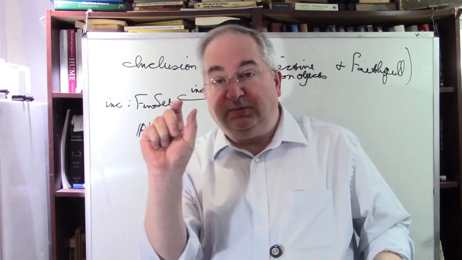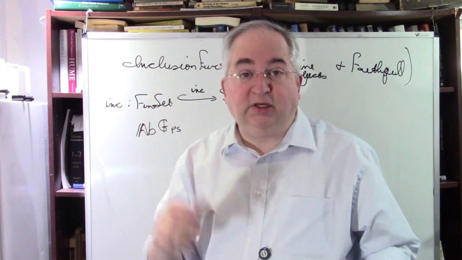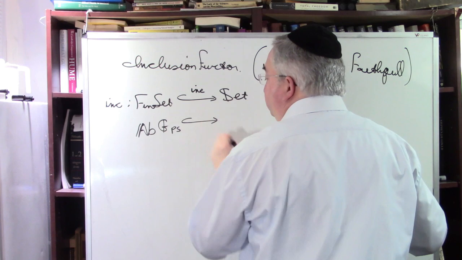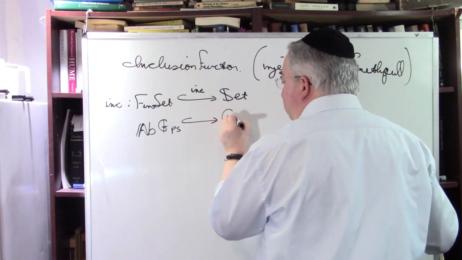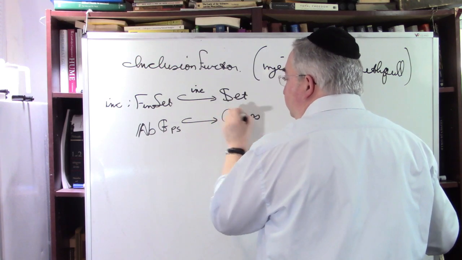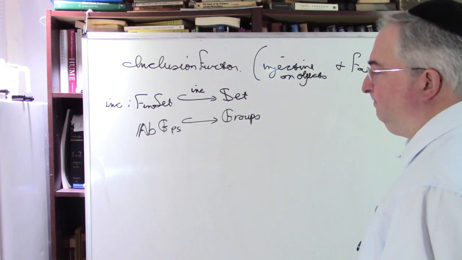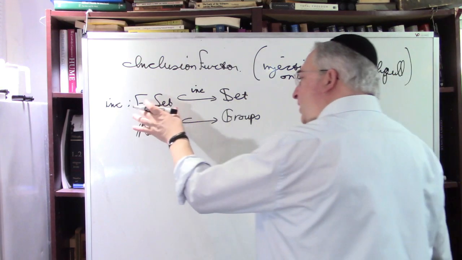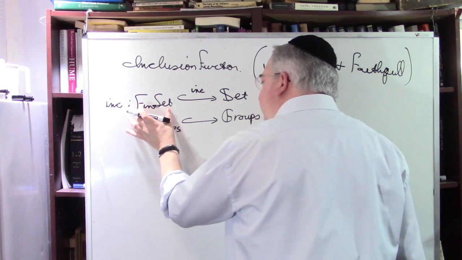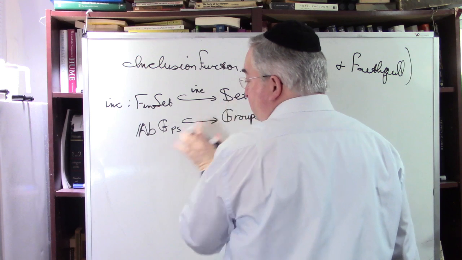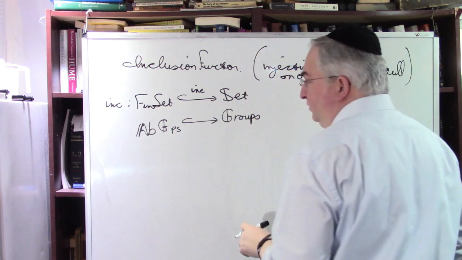They're groups where the multiplication commutes: A times B is equal to B times A. They're special types of groups, so there's an inclusion functor. Functions between two finite sets go to functions between sets. Abelian groups go to groups.